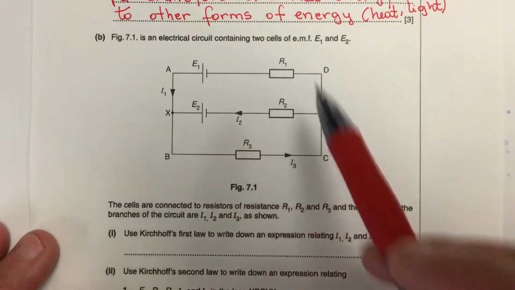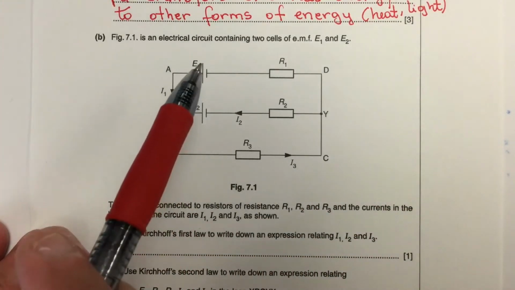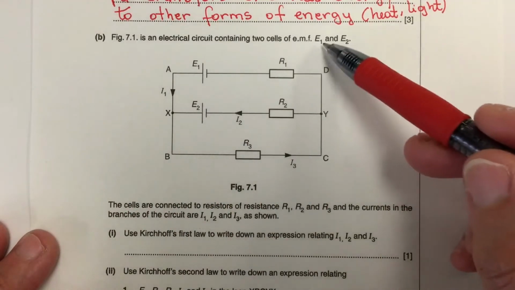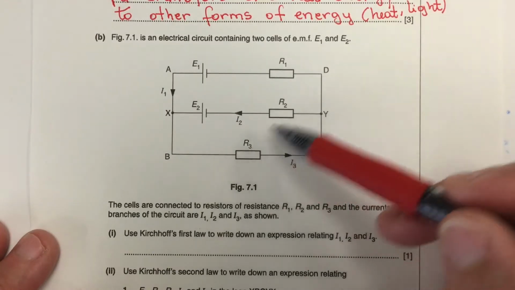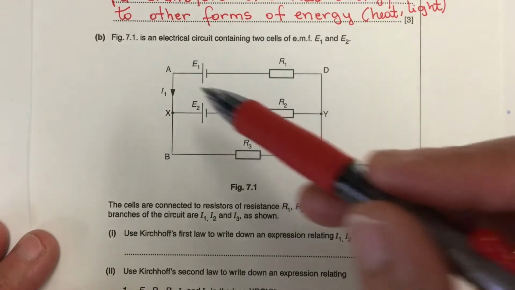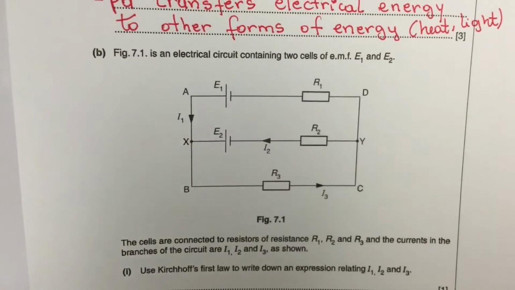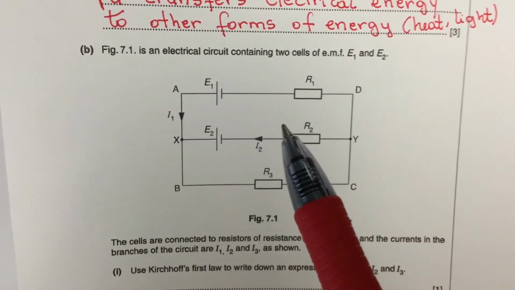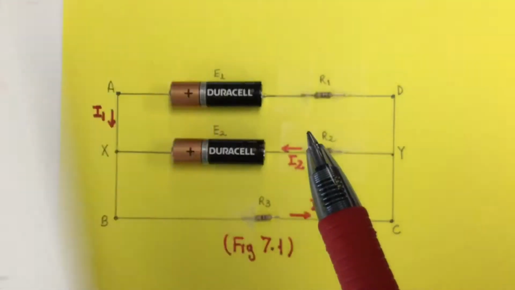Next, we have this diagram showing two EMFs, E1 and E2, and three resistors, R1, R2, and R3, and they are connected as shown. I'm going to replace all those components of the circuit with real ones, like this.